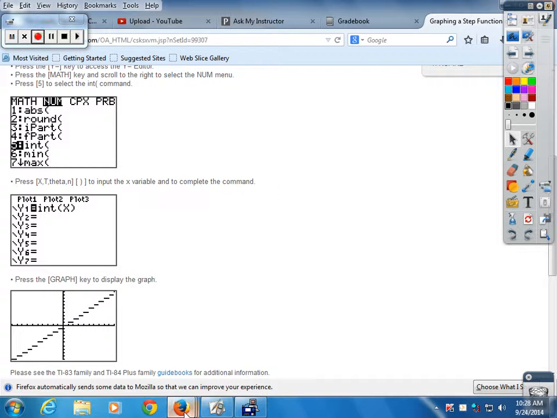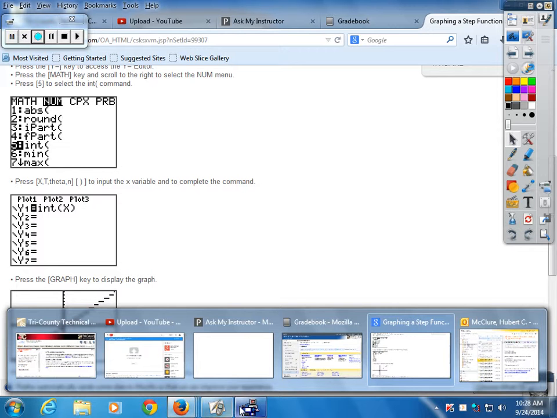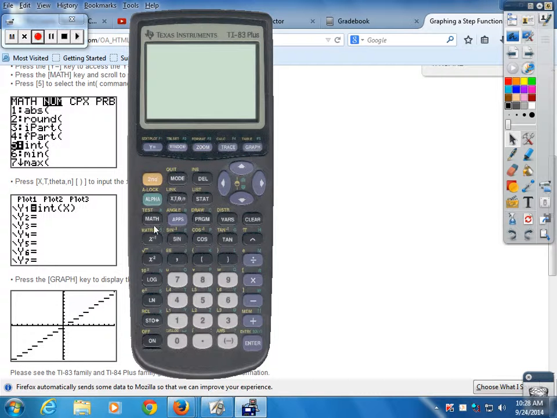I should have went ahead and done an interval. Math. Well, you got to clear, math, interval. And x, close parenthesis, minus what? And that's one point.